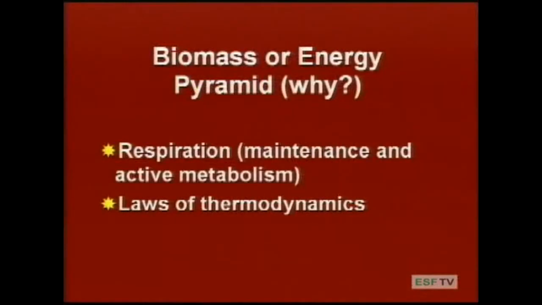So some of that energy is lost. But ultimately, there's another reason, very related. It's the laws of thermodynamics. If you remember, the second law of thermodynamics says no energy transformation or transfer is 100% efficient. You always lose some of that energy as heat. And that's what's going on in this food pyramid.